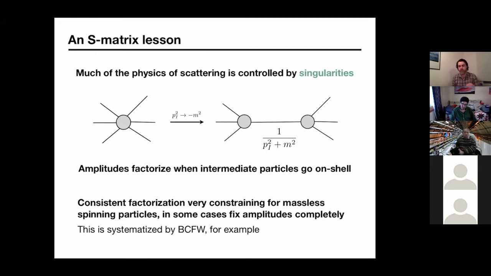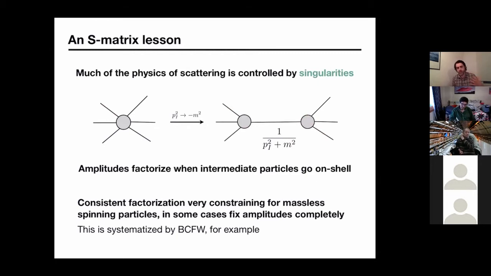So, for example, if I have some scattering process, we know that at least at tree level, the only singularities this process is allowed to have are when some subset of the momenta actually go on shell. And we know that what's happening there is that a particle is getting produced and propagating a long distance in spacetime. And so the amplitude for this process splits and factorizes into some sub-amplitudes with a propagator-like factor in between, okay?